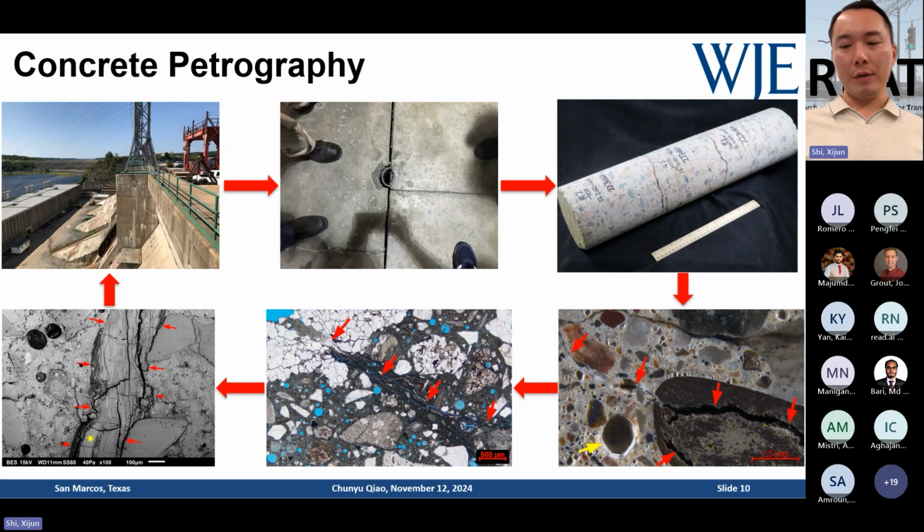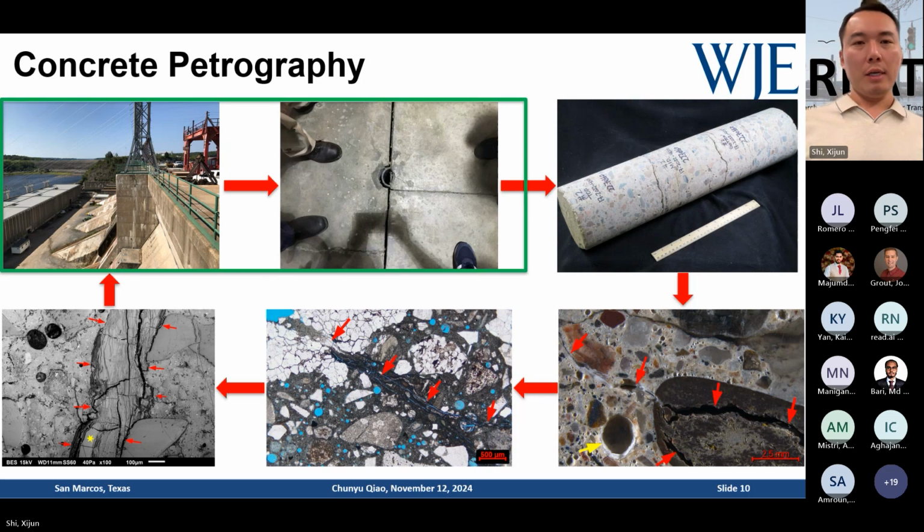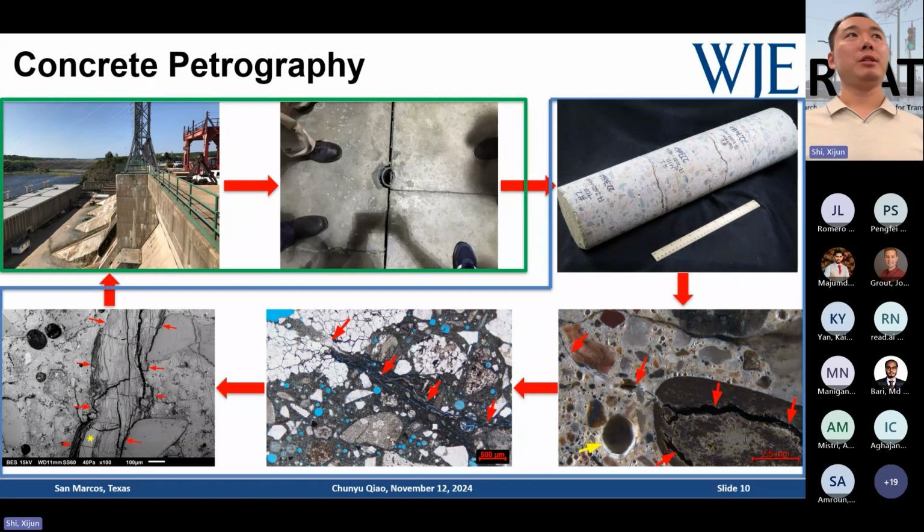So we always call ourselves the lab eyes of the engineers. We are the extended eyes of the engineers in the lab. We just do our job under microscopes, and engineers do their job from the site observations and other structural analysis. But at the end of the day, we want to formulate a very informative and accurate description or condition assessment or other purpose for the stakeholders. So that's basically the workflow for how a concrete petrographer works with engineers or other stakeholders on specific jobs.